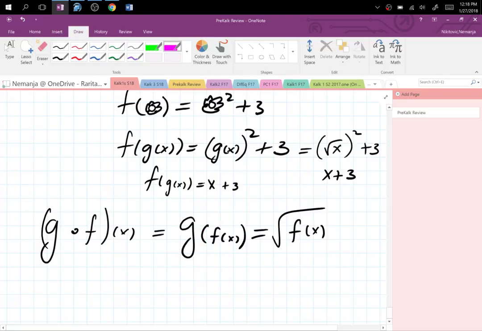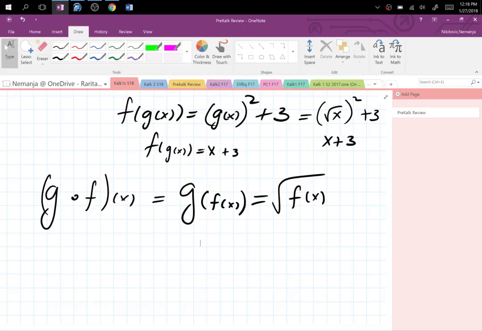So simple replacement of x with f of x here triggers the replacement of all x's on the right-hand side with f of x. And now I know what f of x is. It's x squared plus 3. So this works out to be square root of x squared plus 3. I don't want to see any algebra voodoo, so you cannot take that square root there because of the plus 3.